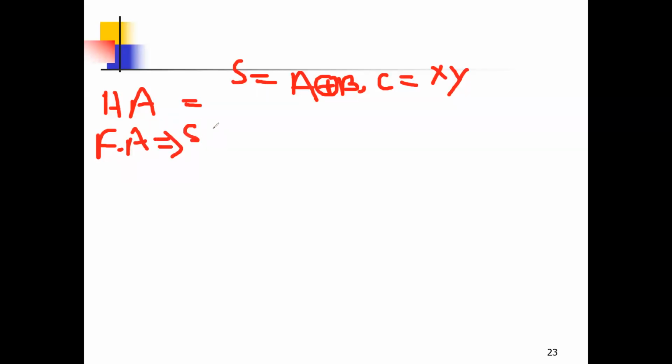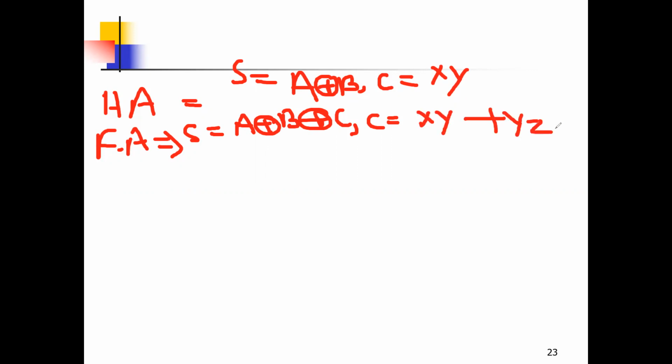the sum is equal to A XOR B XOR C, and then the carry is XY plus YZ plus XZ. Clear?